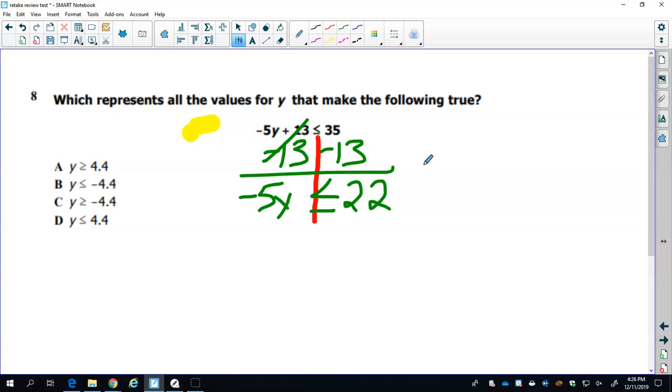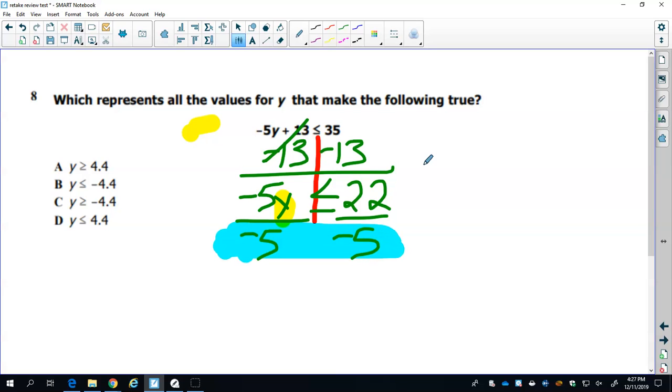Okay. Now, again, we're trying to isolate our variable. We're going to undo the multiplication. I undo multiplying by dividing. So I'm going to divide both sides by negative 5. That's really important. Think about what happens when you divide by a negative.